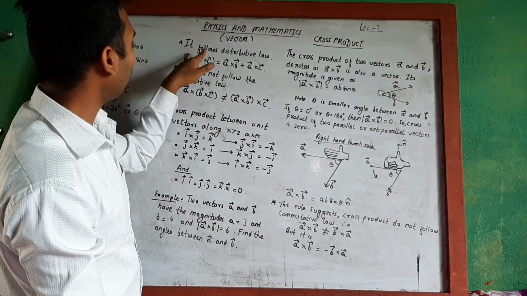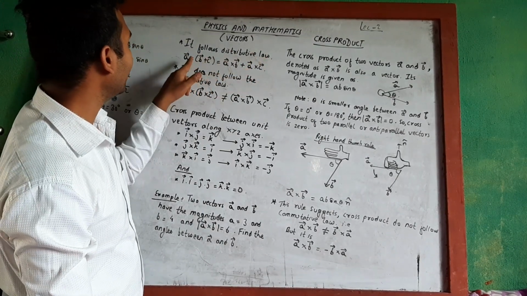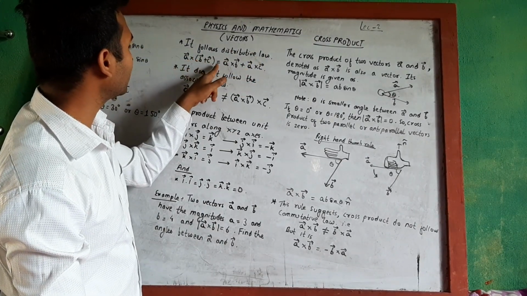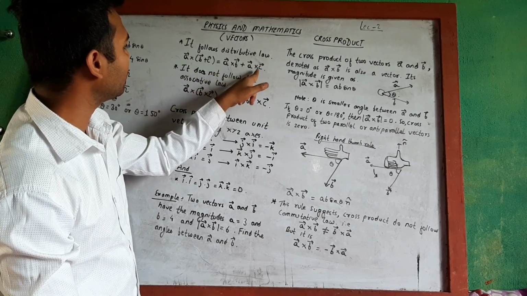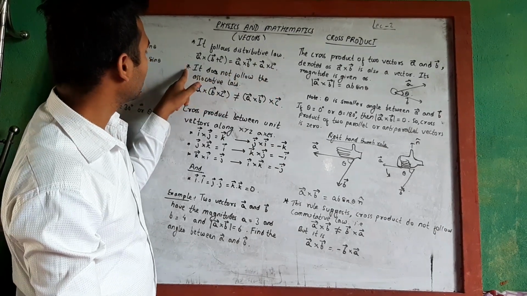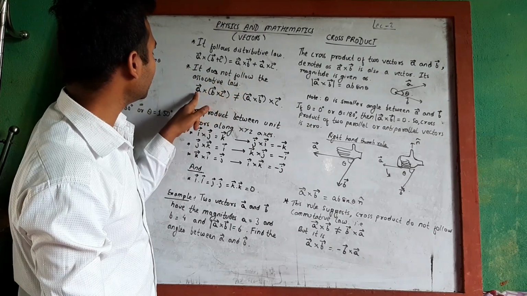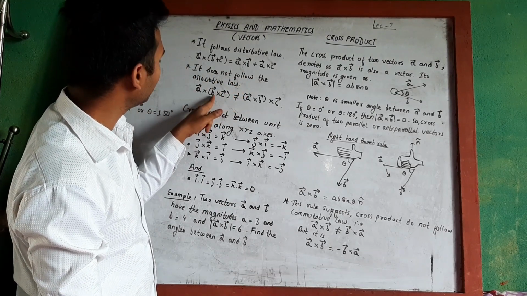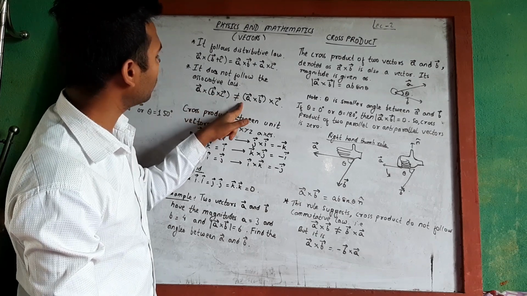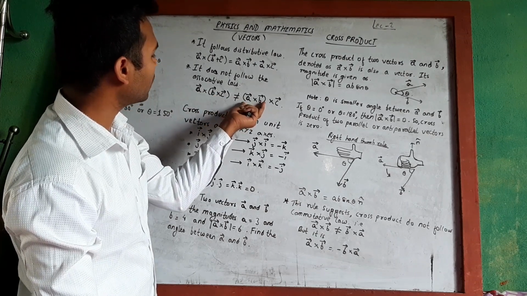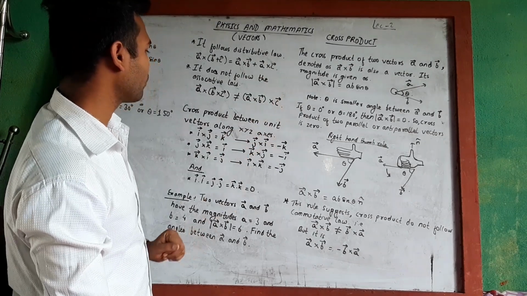Again, it follows the distributive law. A vector cross (b vector plus c vector) is equal to a vector cross b vector plus a vector cross c vector. Next point, it does not follow the associative law. That means (a vector cross b vector) cross c vector does not equal a vector cross (b vector cross c vector).